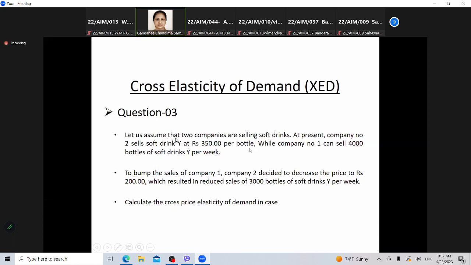Let us assume that 2 companies are selling soft drinks. At present, company number 2 sells soft drink Y at 350 rupees per bottle, while company number 1 sells 4,000 bottles of soft drink Y. Both are Y. One should be X, no?